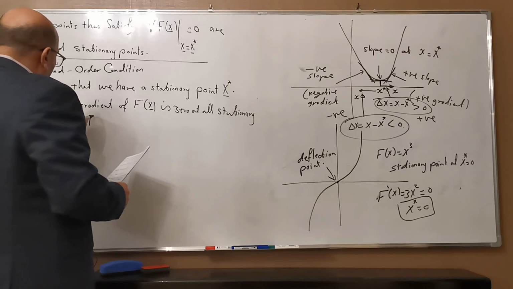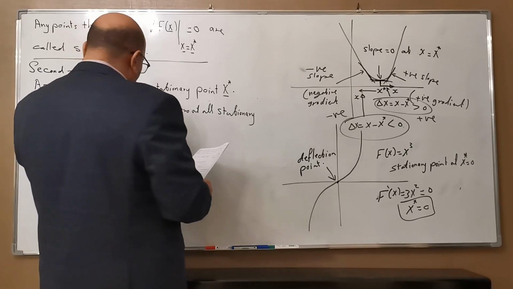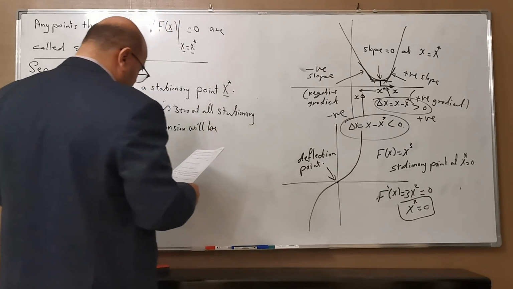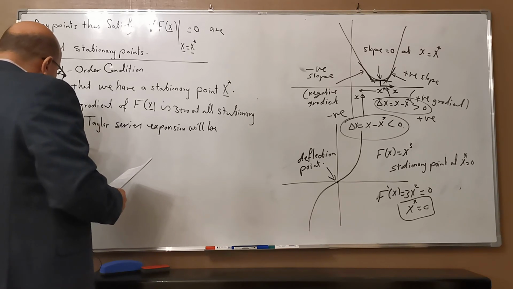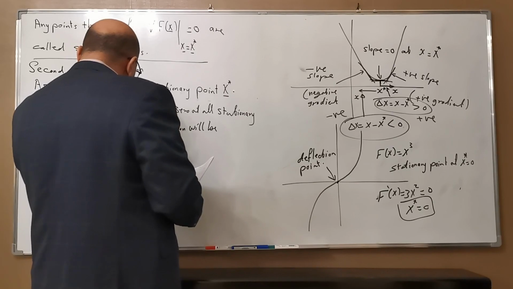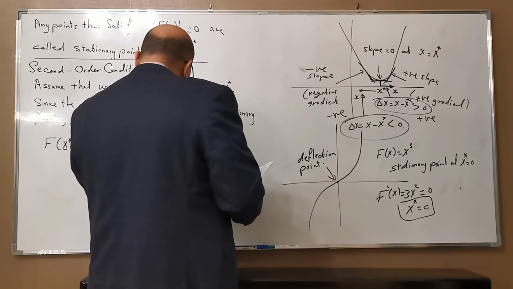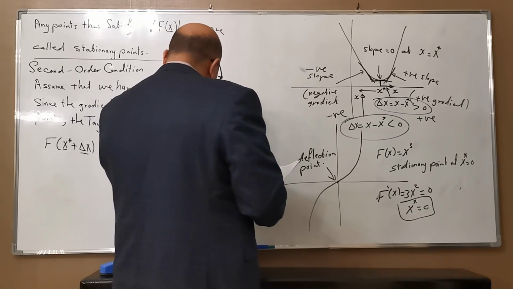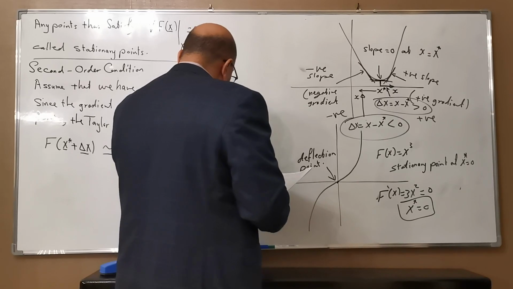the Taylor series expansion will be: f of x star plus delta x is approximately equal to f of x star plus the second order term, which is 1/2 delta x transpose times the Hessian matrix, which is del squared of f of x evaluated at x equals x star, times delta x.